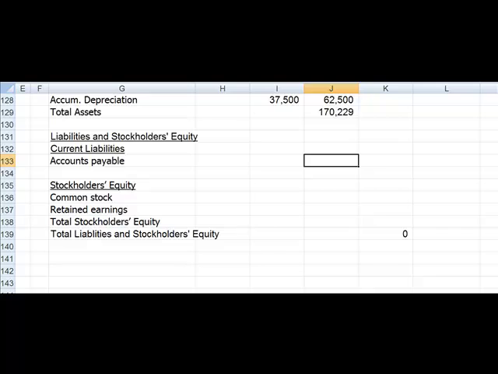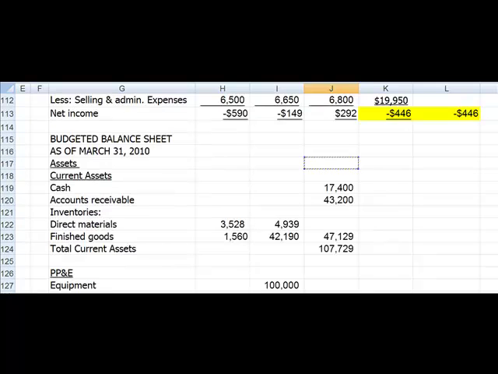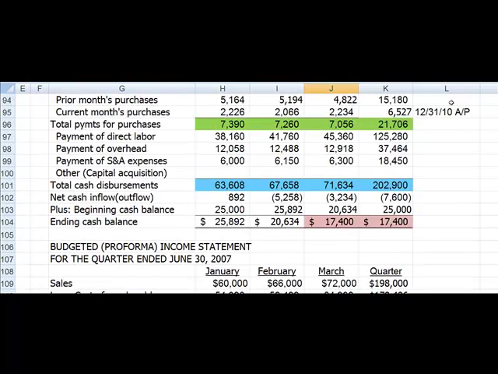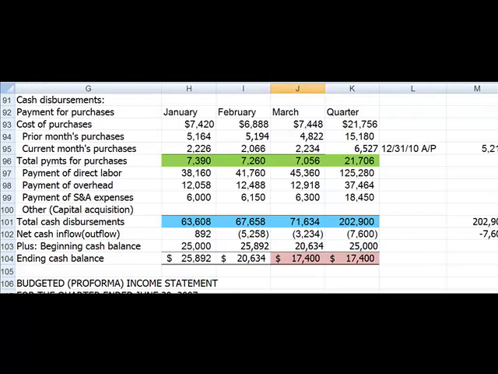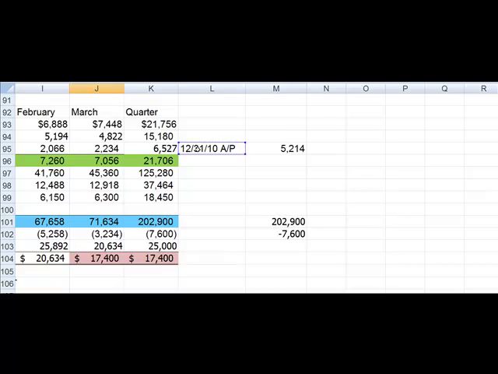Accounts payable, we calculated when we did our cash budget. And our accounts payable, and this should say 3/31, was $5,214.